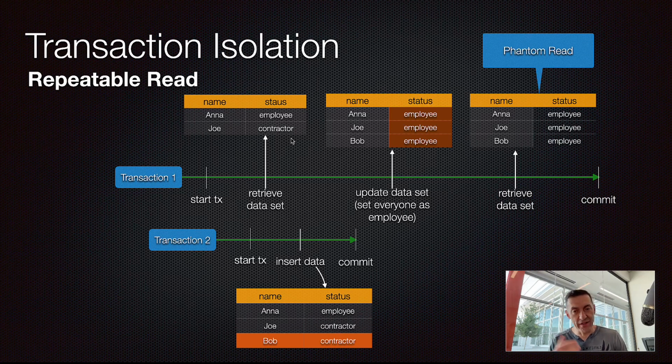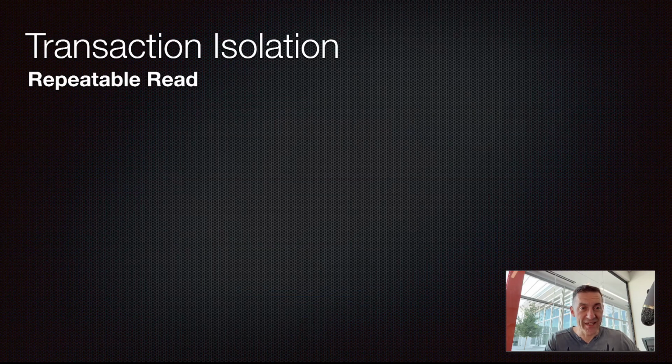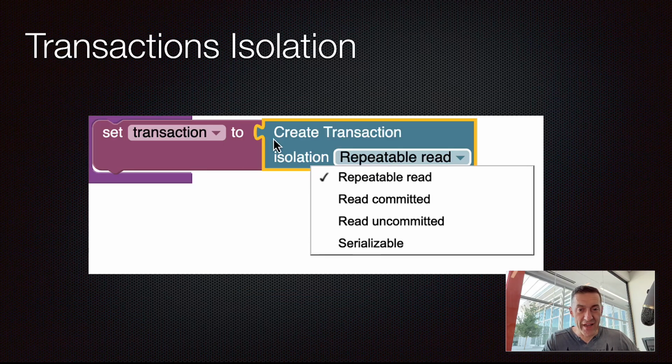But still, that's the serializable isolation. Let's go back to the very first slide where we have a list of those isolation modes right here. So as you can see, serializable is there, and repeatable read is the default one.